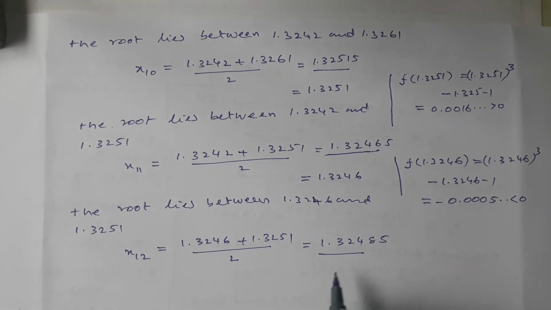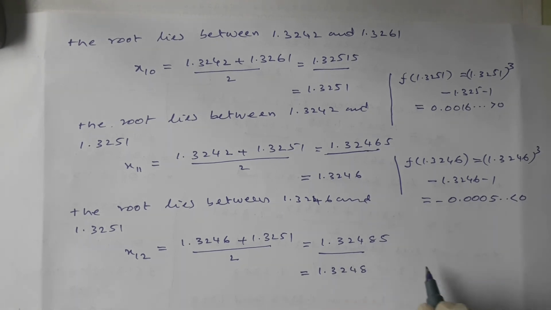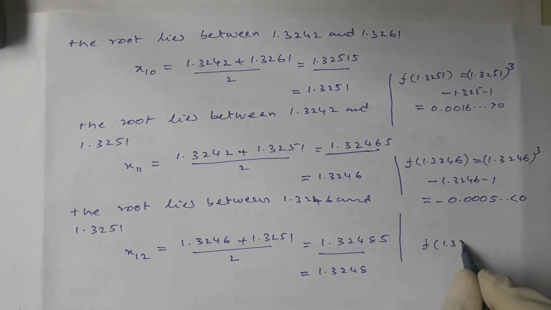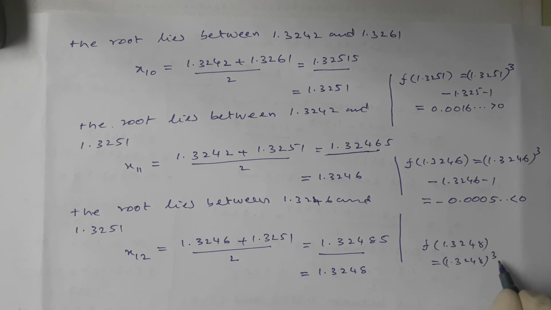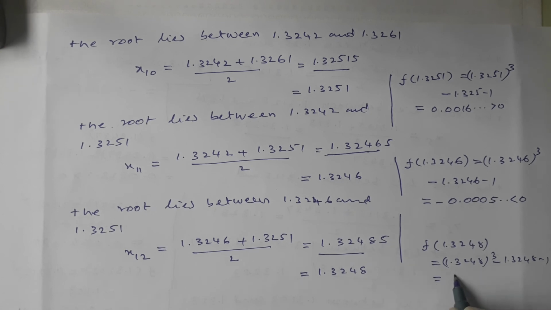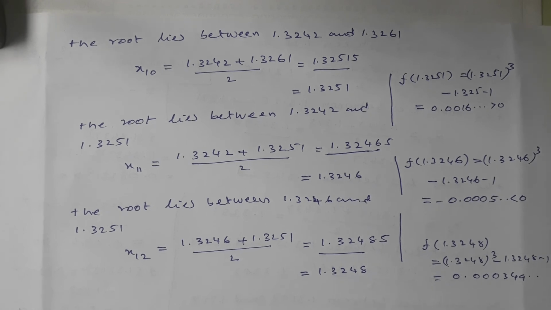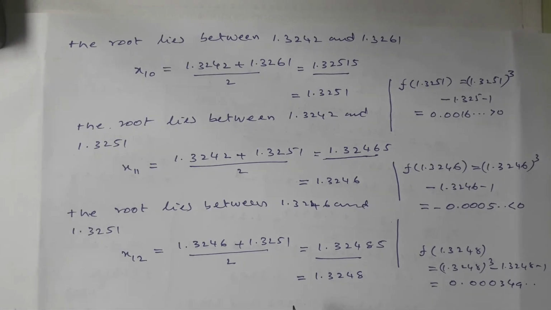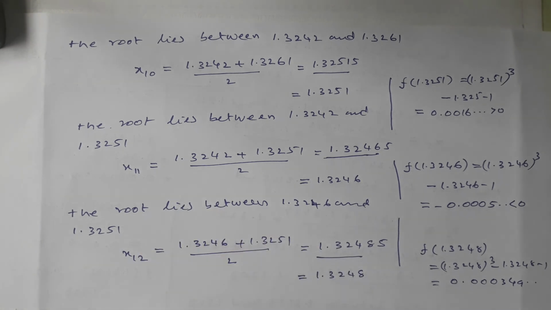Take these 4 only: 1.3248. Even you can go for the next: f of 1.3248 is equal to 1.3248 whole cube minus 1.3248 minus 1. Of course, it is 0.000349 like that.